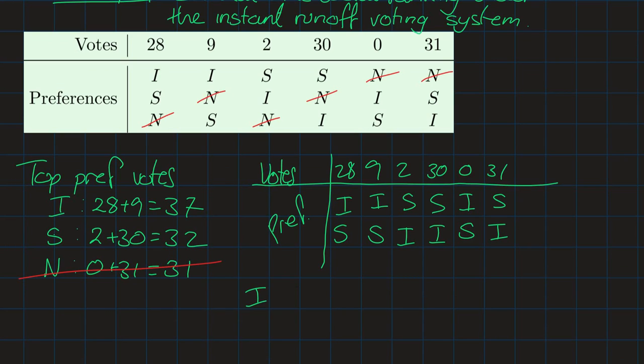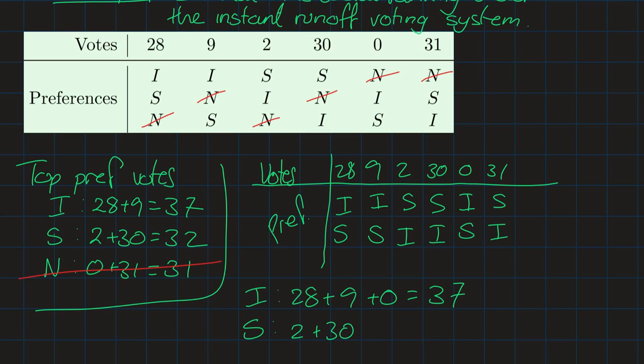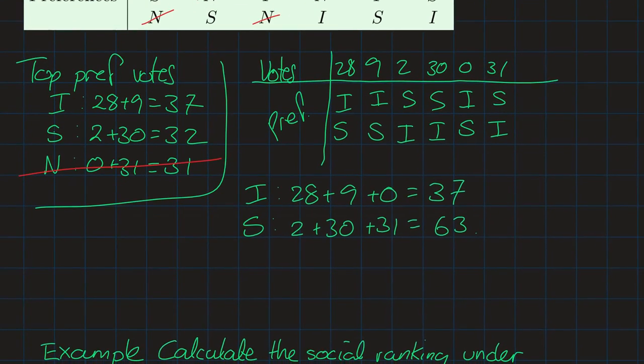I now has 28 plus 9 plus 0, which is 37, and S has 2 plus 30 plus 31, which is 63. So what does this mean?